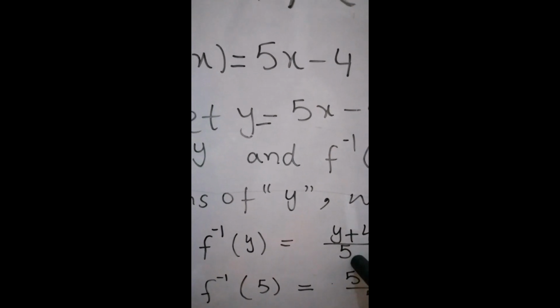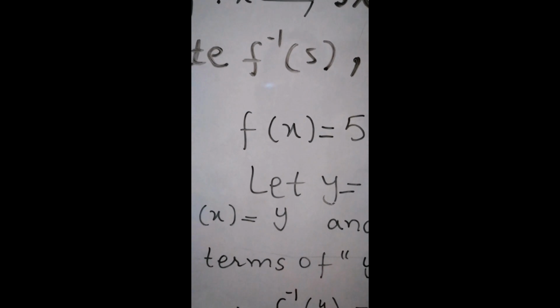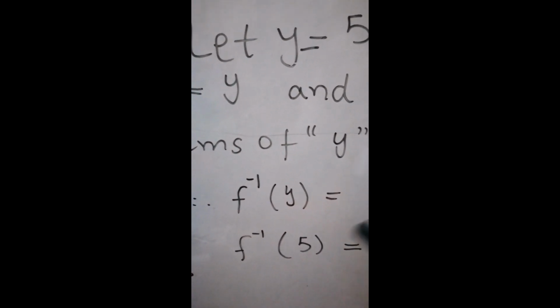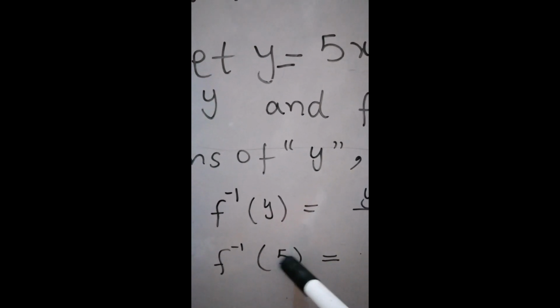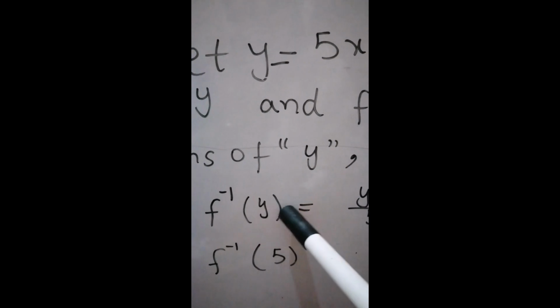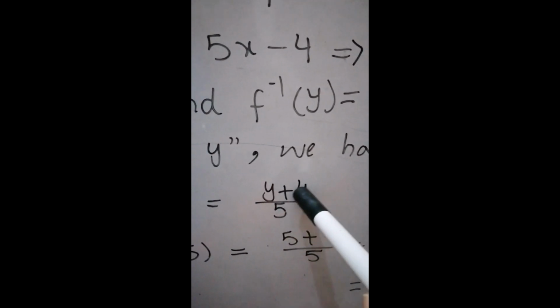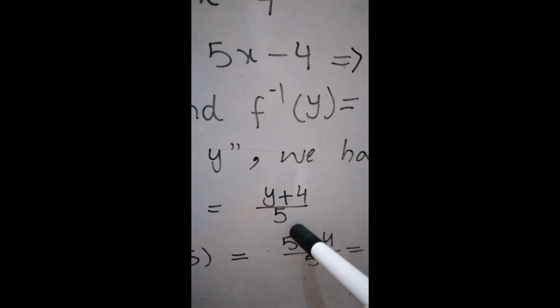And now we will come to the part of the question which is written here, that is, evaluate the inverse function of 5. It means that we have to find the value of the inverse function of 5. So simply we will put 5 in place of y in the whole equation. So we have y plus 4 over 5.